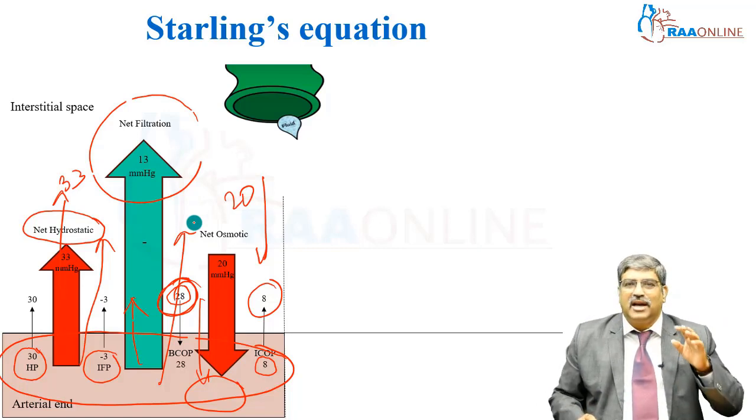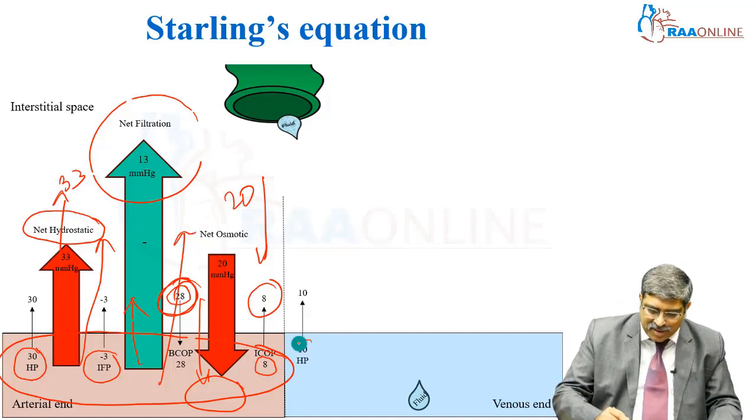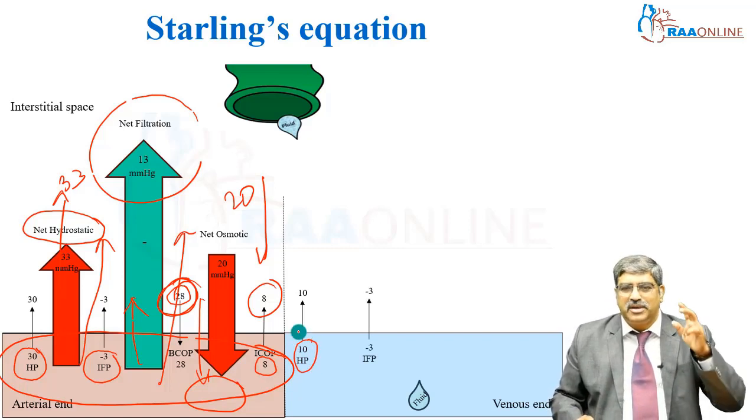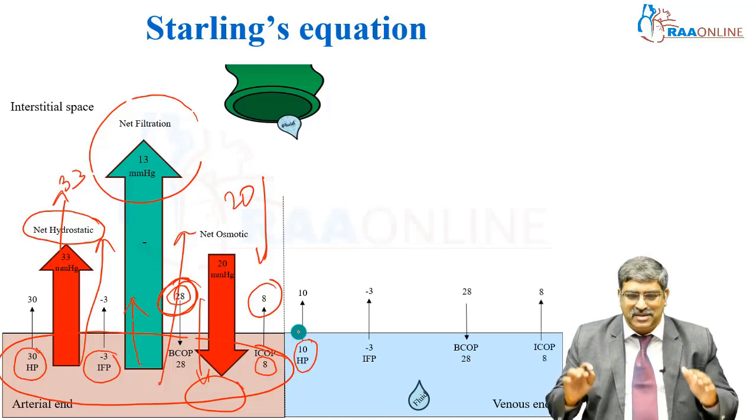Now, let us look at what happens at the venous end. At the venous end, the forces are the same except that the capillary hydrostatic pressure is only 10 millimeters of mercury. The interstitial fluid pressure and the oncotic pressures of the plasma and the interstitium remain the same.